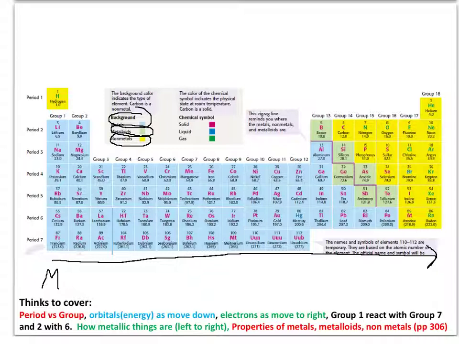In other words, they have very metallic-like characteristics, and it gets less and less so as you move over here, until finally, how metallic the item is and acts gets less and less as you move left to right, and then pretty soon over here in the yellow, it's not metallic-like at all, and we call those things non-metals.